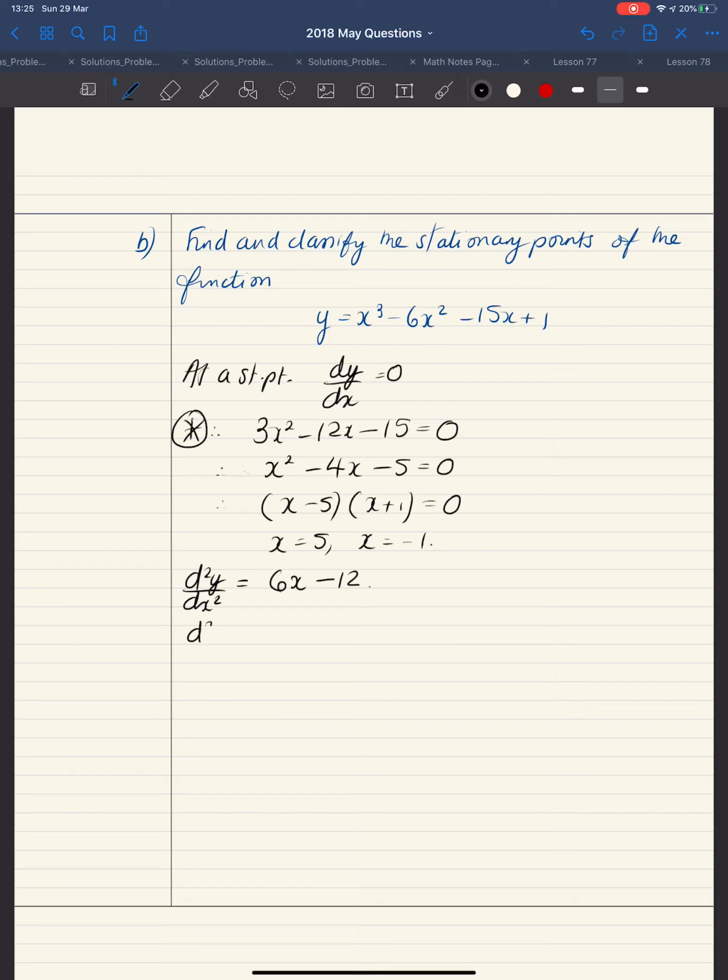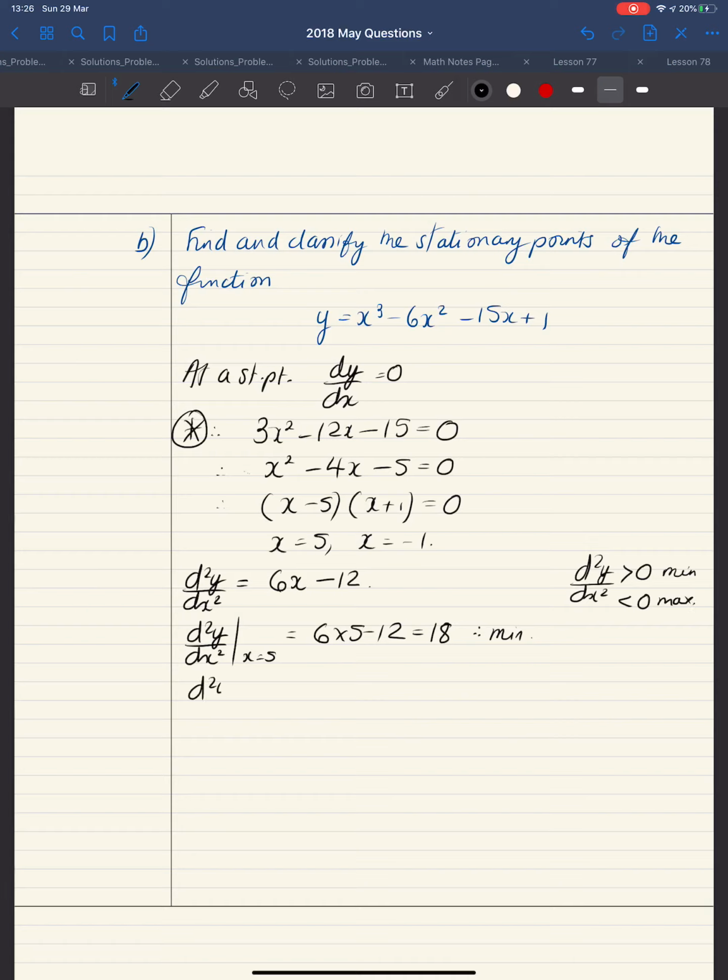Then we can say d2y by dx squared at x equals 5 is 6 times 5 minus 12, which is 30 minus 12, which is 18. So therefore it's a minimum, because if you remember, if d2y by dx squared is greater than 0, it's a minimum, and if less than 0, it's a maximum.